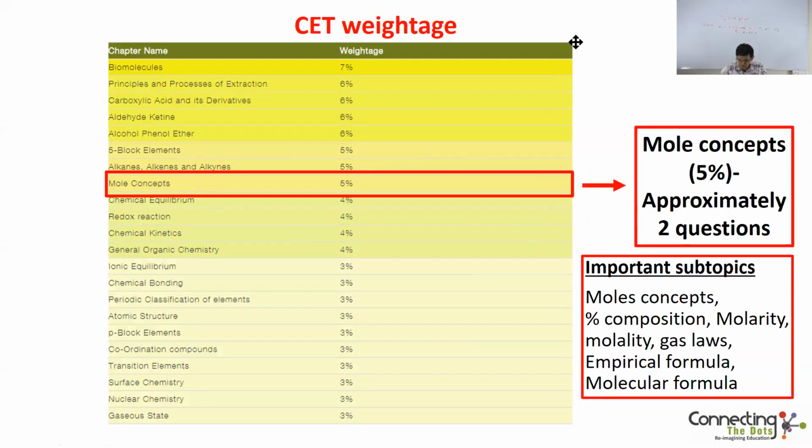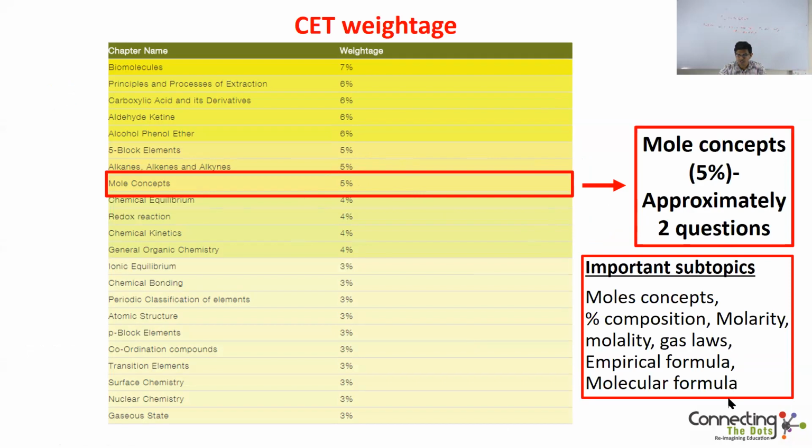So basically, when you look at this chapter, it constitutes approximately 5% of the total CET weightage, as you can see in the slide. So when you say 5%, approximately it constitutes two questions.